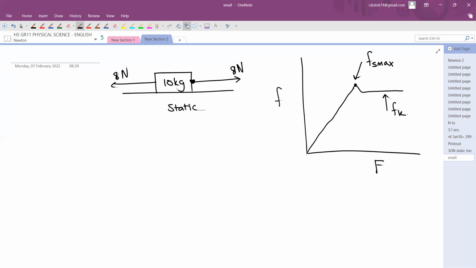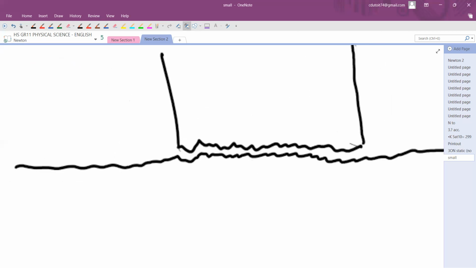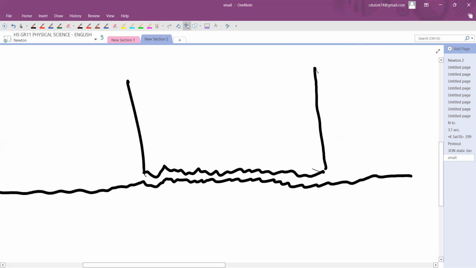So what happens if you zoom into the surface with a microscope? The bottom of the block looks like this. It's not perfectly flat, nor is the table or the surface that the block lies on. If we zoom in, you'll find there are little irregularities in the surface, and these jagged edges hook into one another.